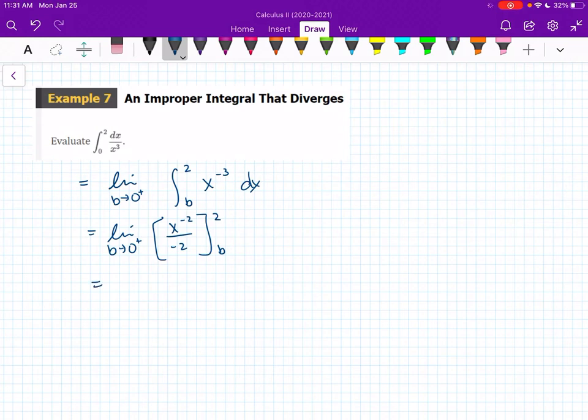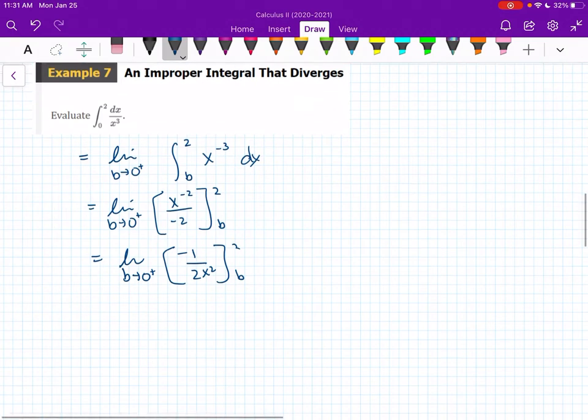Rewrite that: I have negative 1/2 over x squared, with the limit as b approaches 0 from the right, evaluated from 2 to b. When I plug in my bounds, I get the limit as b approaches 0 from the right.